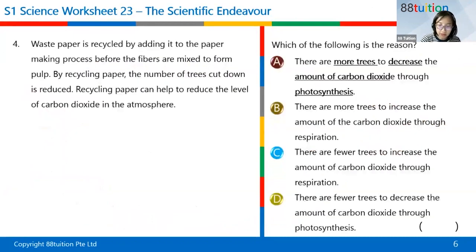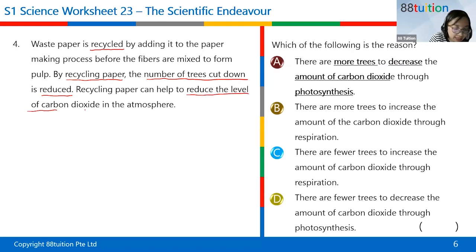Question 4 is talking about waste paper. We can recycle waste paper by adding the waste paper to the paper making process. Now, when we recycle paper, the number of trees cut down will be reduced. So when we cut fewer trees, it actually helps to reduce the amount of carbon dioxide in the atmosphere, in the air around us.